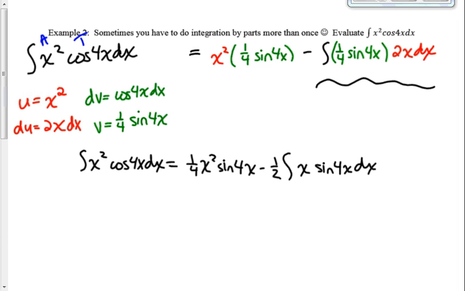So again, I need to choose my u, and I have my x is algebraic and my sine is trig. So my u is algebraic, so my u is going to be x. That means my dv is going to be sine of 4x.